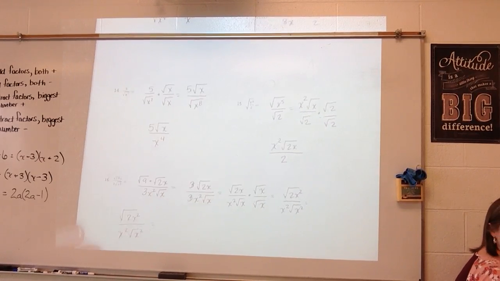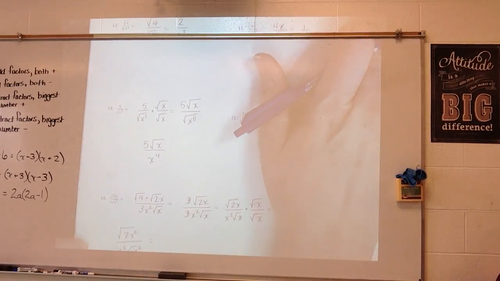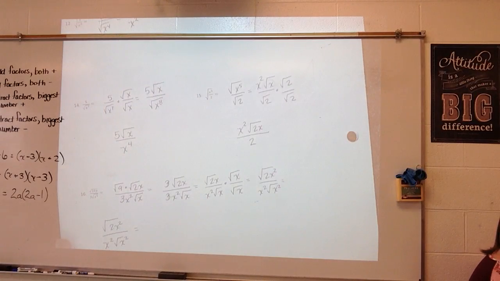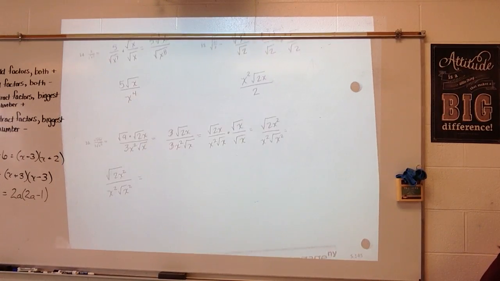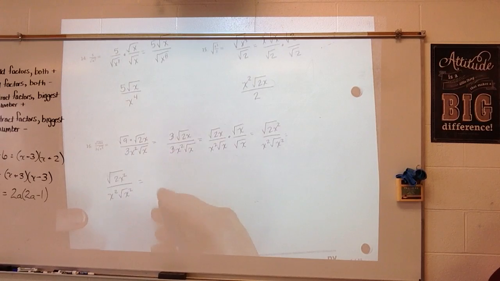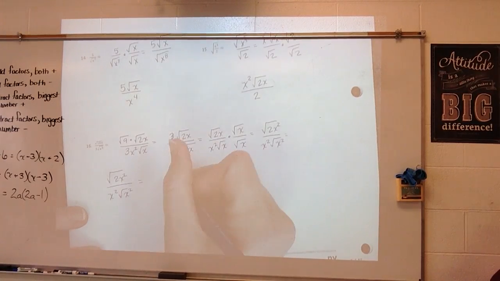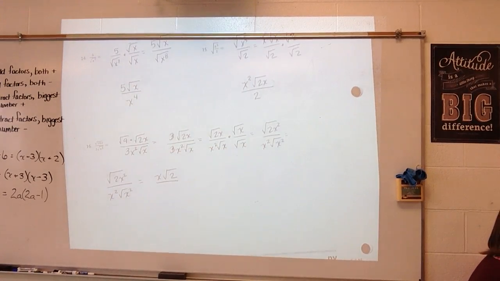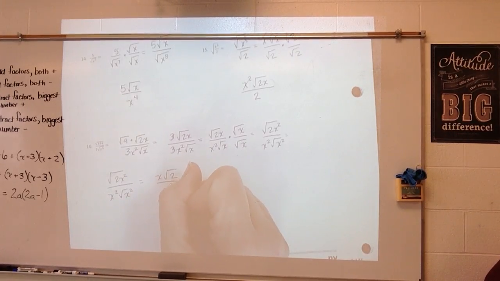I cannot take the square root of 2, but I can take the square root of x squared. All right? So the square root of x squared would be x. So this is x square root of 2 over x squared times x, which is x to the third.